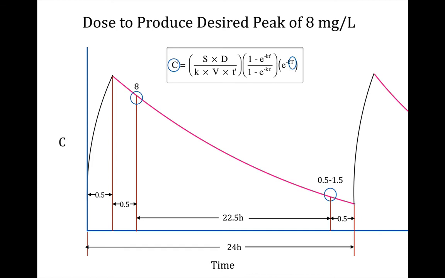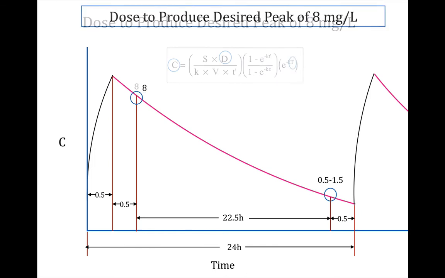That's going to occur 0.5 hours after the end of the infusion. And the only thing we don't know is dose. So one approach we can use is fill in all the values and multiply everything on the right side times dose to equal the concentration and solve that way.